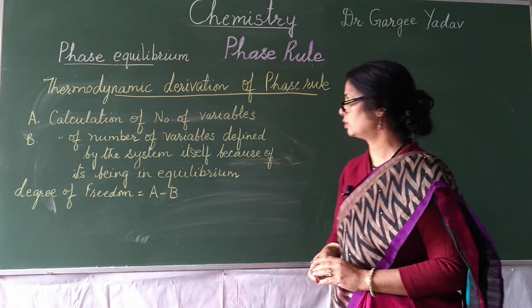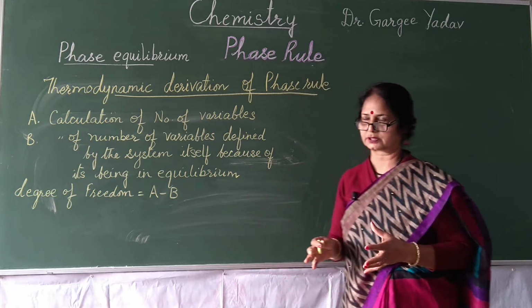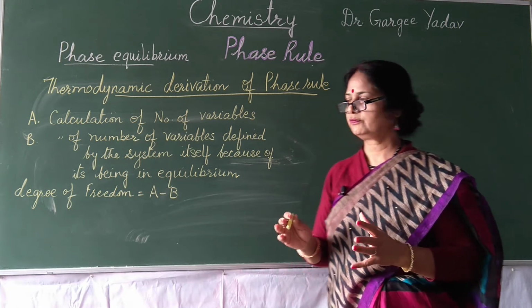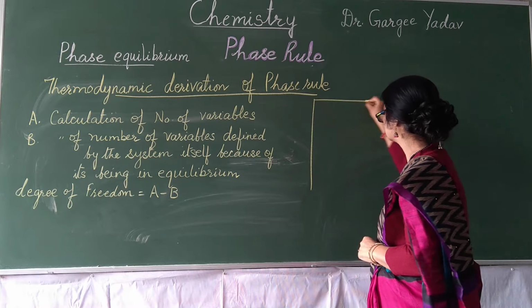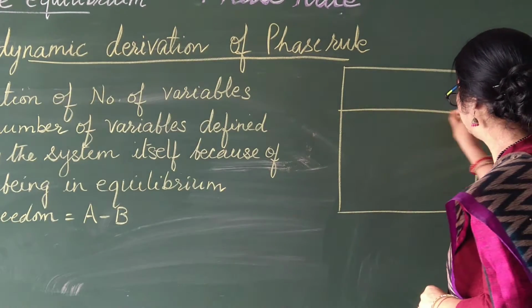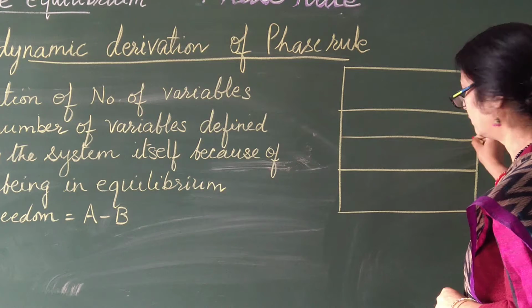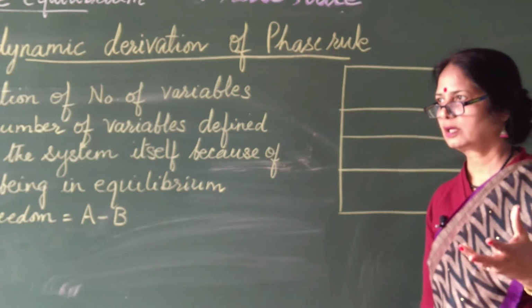So let's come to how we will calculate the total number of variables. Now let us consider a heterogeneous system which is having a number of phases. Suppose this is our system and it is having phases P1, P2 and P3, and suppose there are a number of components in it, C1, C2, C3.